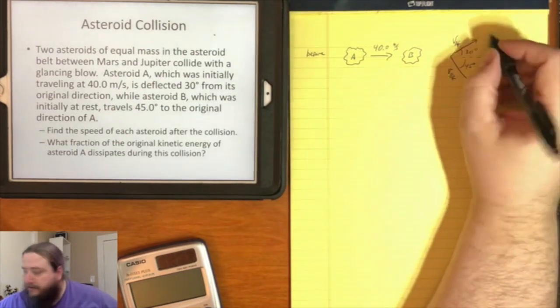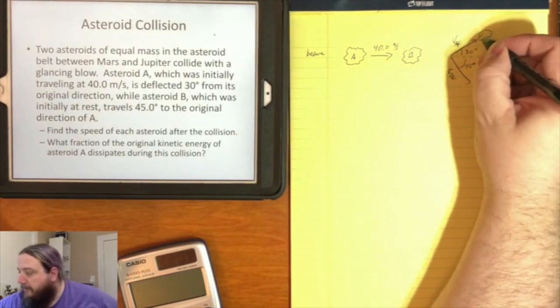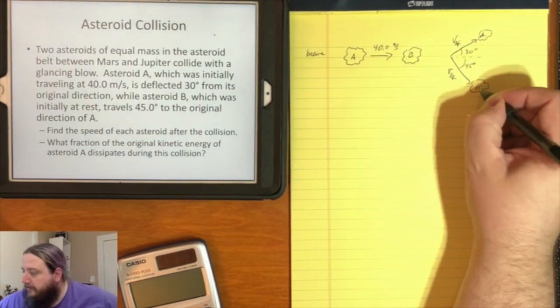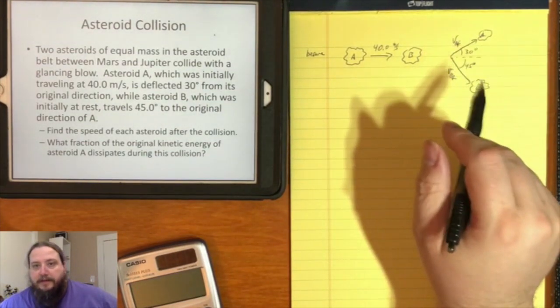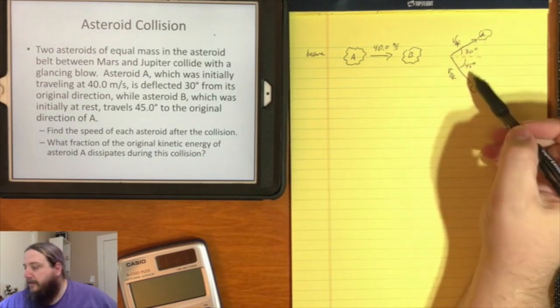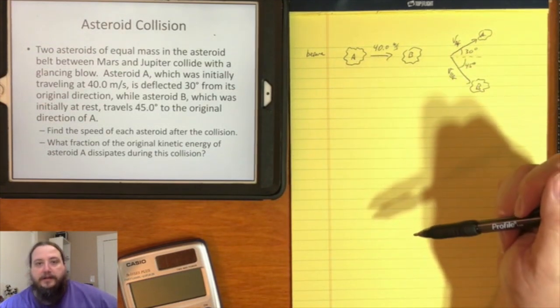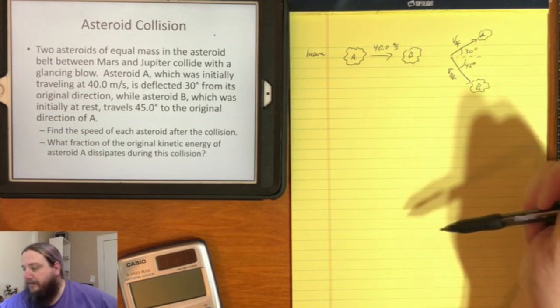And so our after picture would look like this. There's our asteroids A and B moving off at a 30 and 45 degree angle relative to the initial direction of motion of asteroid A.